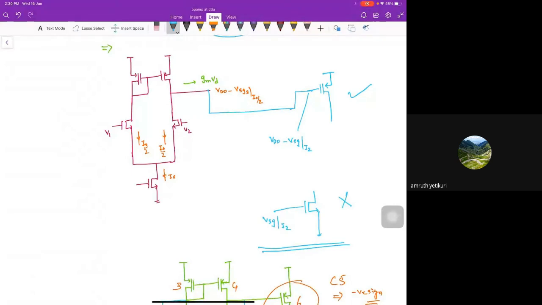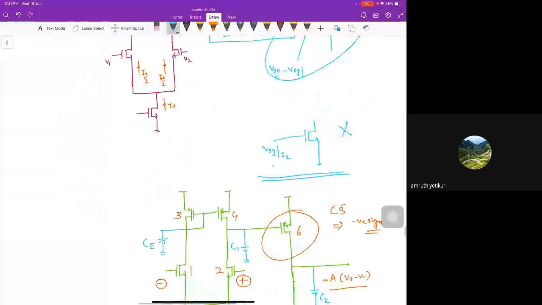Here the point is VDD minus VSG3 at I0 by 2, and this thing is VDD minus VSG. If you connect the NMOS, then it's simply VDD. This is compatible from the voltage point of view. So let's go for the PMOS current source load, a common source amplifier with current source as a load.